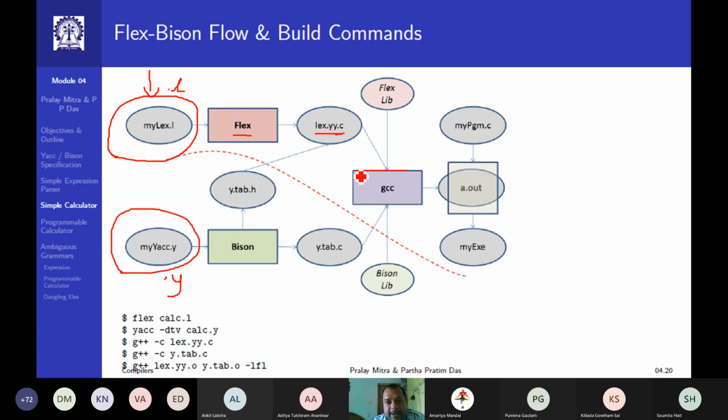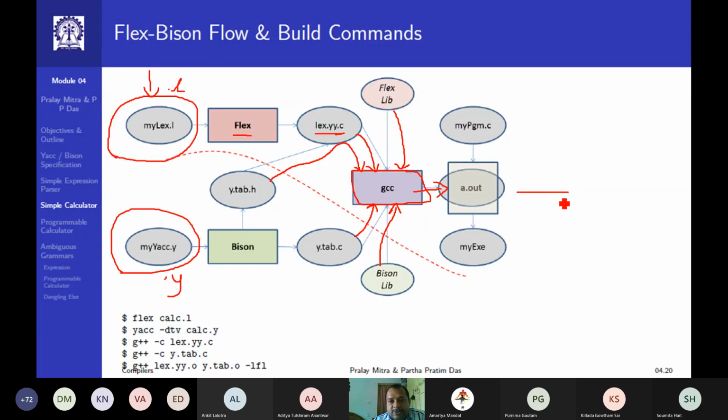Now the GCC compiler will take lex.yy.c, the output of the flex utility, y.tab.c, the output of the Bison utility, and the header file y.tab.h, as generated by Bison and flex, in order to generate the a.out executable file.